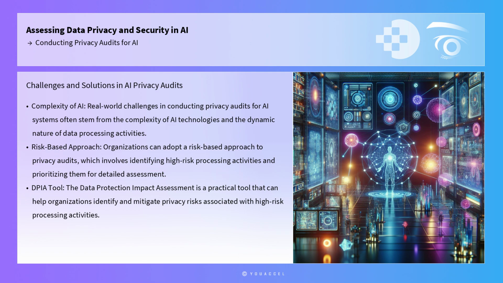The Data Protection Impact Assessment is a practical tool that can help organizations identify and mitigate privacy risks associated with high-risk processing activities. The DPIA process involves describing data processing activities, assessing their necessity and proportionality, identifying privacy risks, and implementing measures to mitigate those risks.